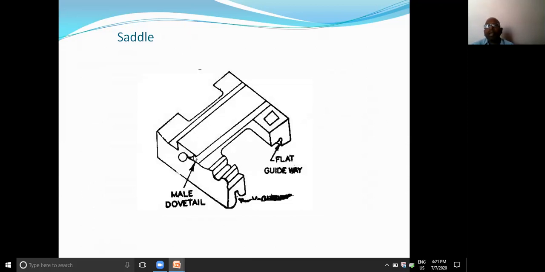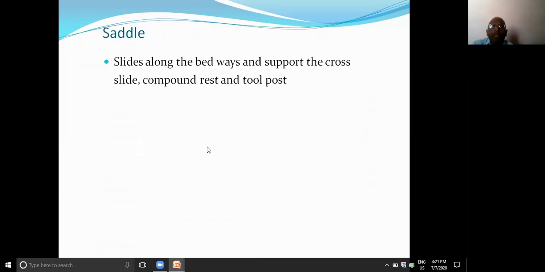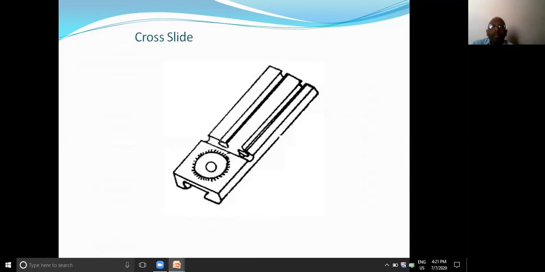That's why it is called the male dovetail. This dovetail portion accommodates the internal V groove or internal dovetail groove, which is mounted over the male dovetail joint of the saddle.